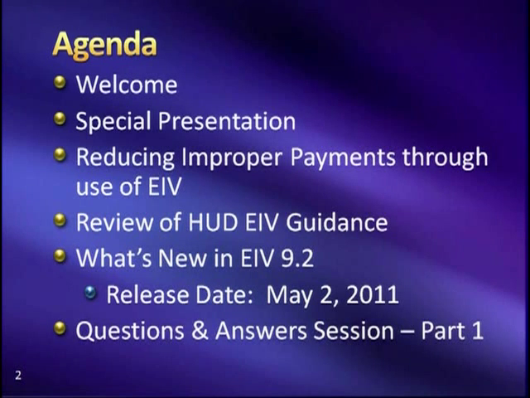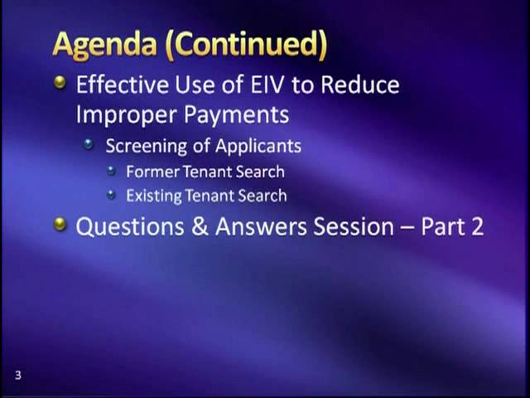And that will be segment 1. Segment 2 will focus on effective use of EIV system to reduce improper payments related to applicants. And so we'll show you how to do a screening of applicants using the former tenant search as well as the existing tenant search. And then we will have a question and answer session at the conclusion of segment 2.